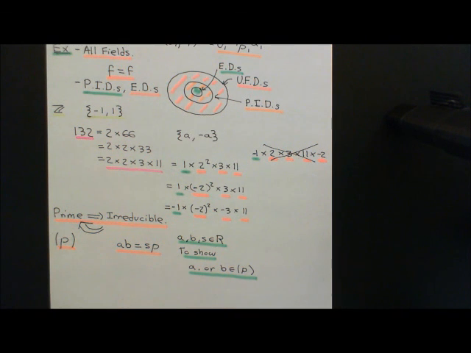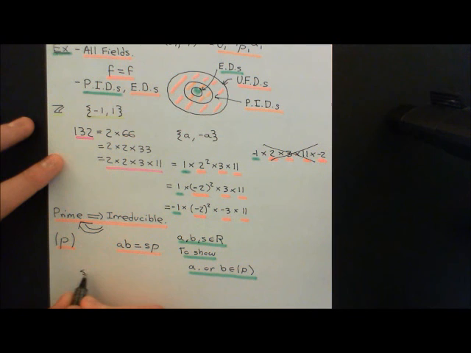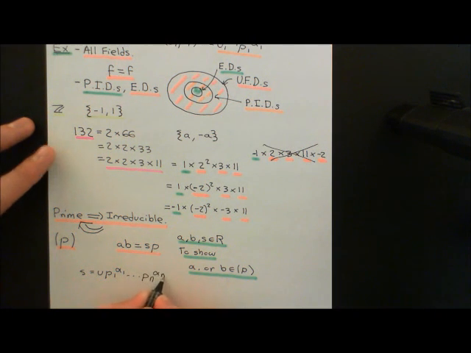Of course you could come up with more complicated ones involving a unit times an associate, but why would you? And S could have a more complicated one, but you're just going to combine them together. So let's say S had this complicated factorization, a unit times P1 to the power of alpha 1, all the way up to Pn to the alpha n.